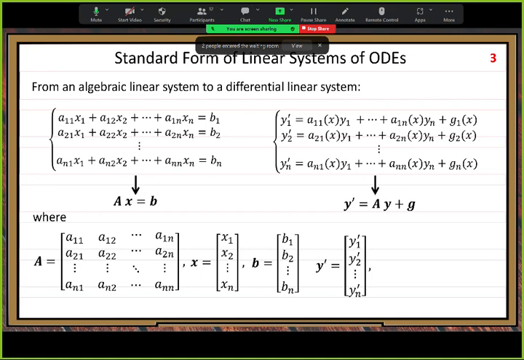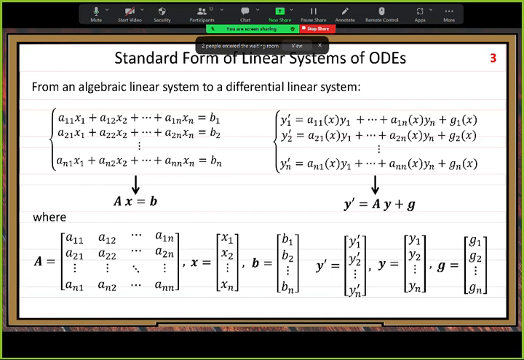All right, so that's our preparation. But here, y prime vector, what's the meaning? It is the vector of all derivatives of those n functions, and so on, and the g vector is also a natural way to represent.